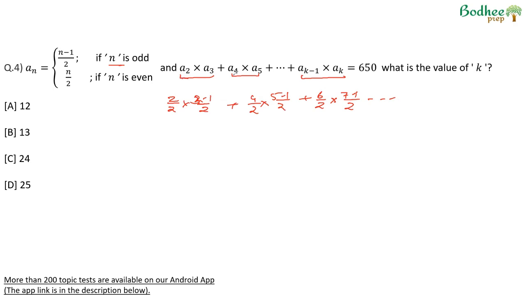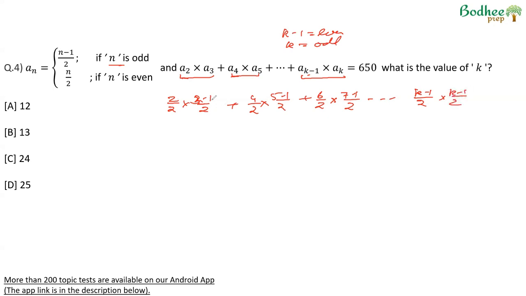Every time the first term is even, so this will be (k minus 1)/2, k minus 1 is even, which means k is odd, into, since k is odd, (k minus 1)/2.